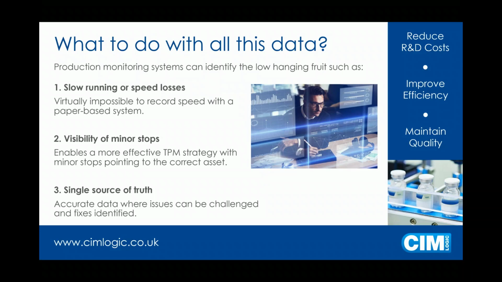So if we looked at this pre a system going in, you would generally find that it's quite difficult to keep track of the run speed of the line minute by minute. The most practical way of monitoring this possibly could have been every hour, or at worst case at the end of the day.